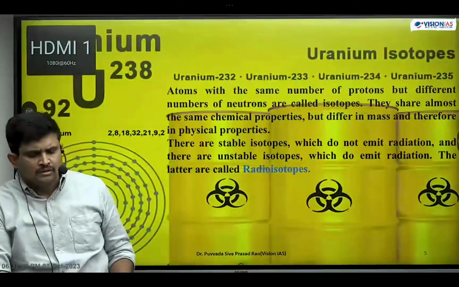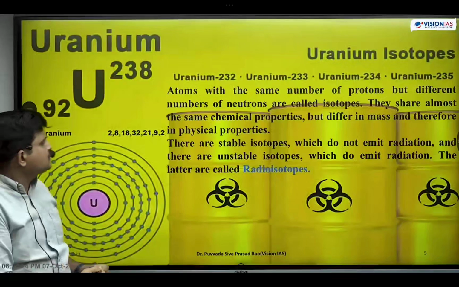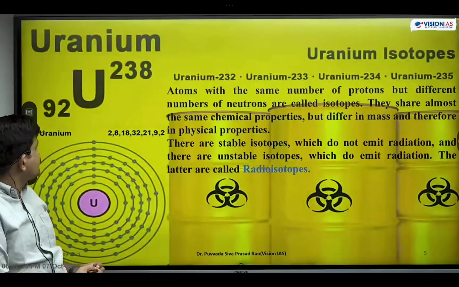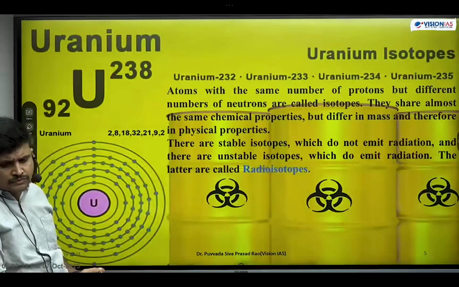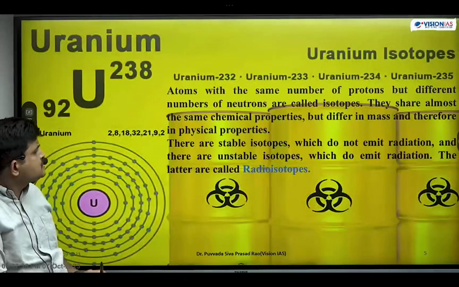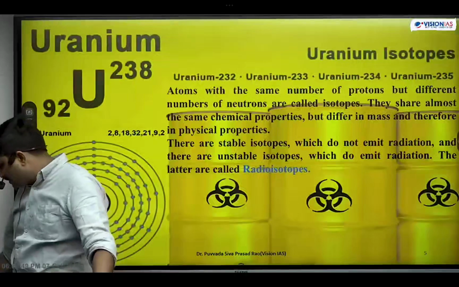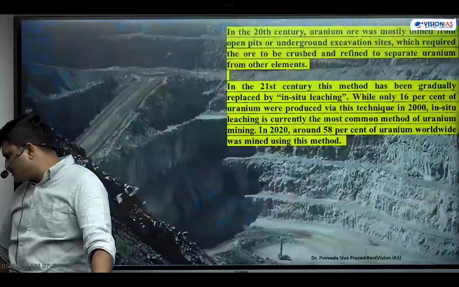Next one is, natural isotopes of uranium are uranium 238, uranium 235 and uranium 233.